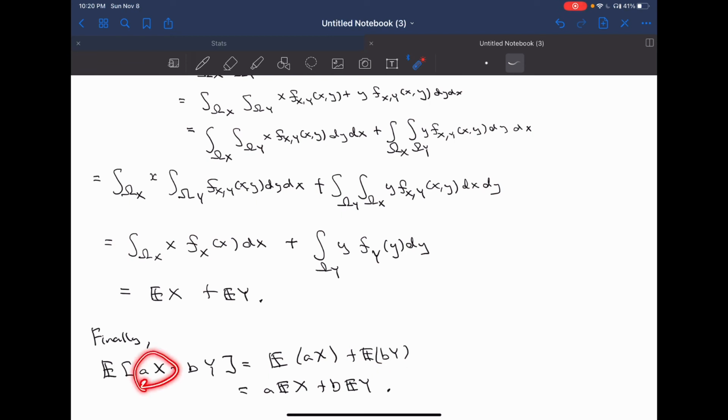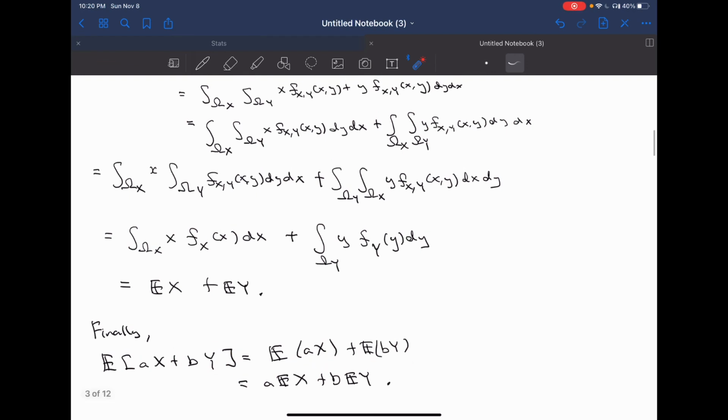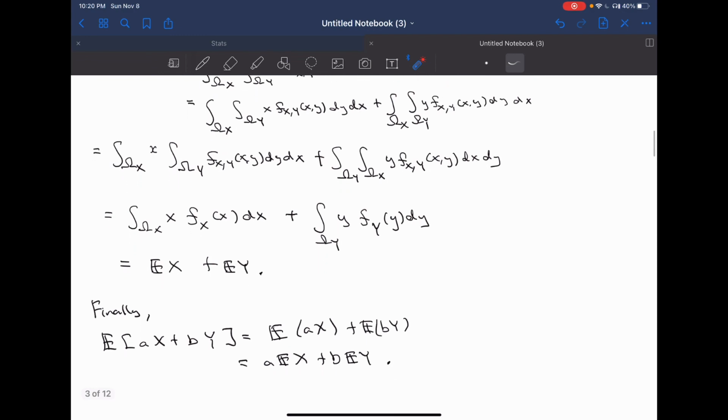So we defined a new random variable aX and a new random variable bY, and then broke that expectation into two expectations. And then we applied the linearity property where we can pull out the constant, and over here too. So this becomes a times E of X plus b times E of Y.